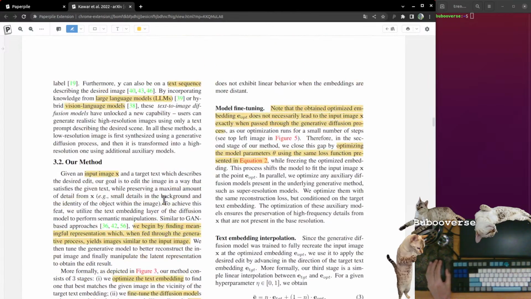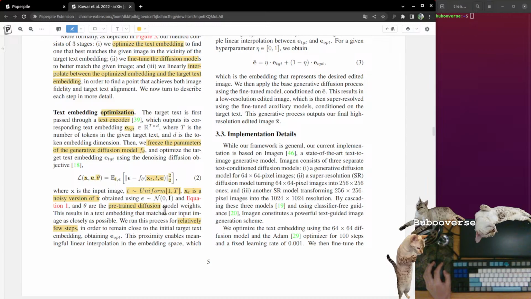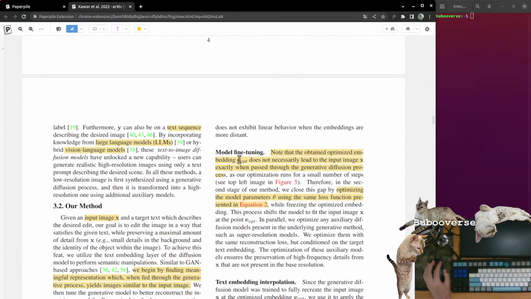First they're using that to change the actual target embedding and move it within that manifold to their optimized embedding. And then they're freezing the optimized embedding and fine-tuning the model parameters of the diffusion model with the same loss function, which in this case shifts the model to fit the input image at the point e_opt.